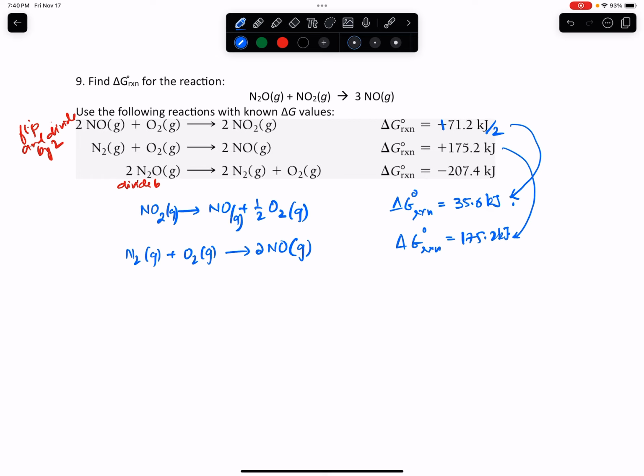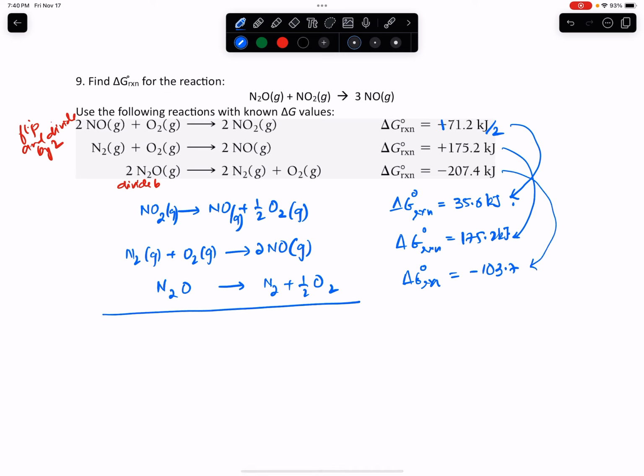And the third one, we decided to divide by 2. So if I divide by 2, I get N2O goes to N2 plus half O2, and delta G naught of this reaction is equal to minus 103.7. So that value goes down there.